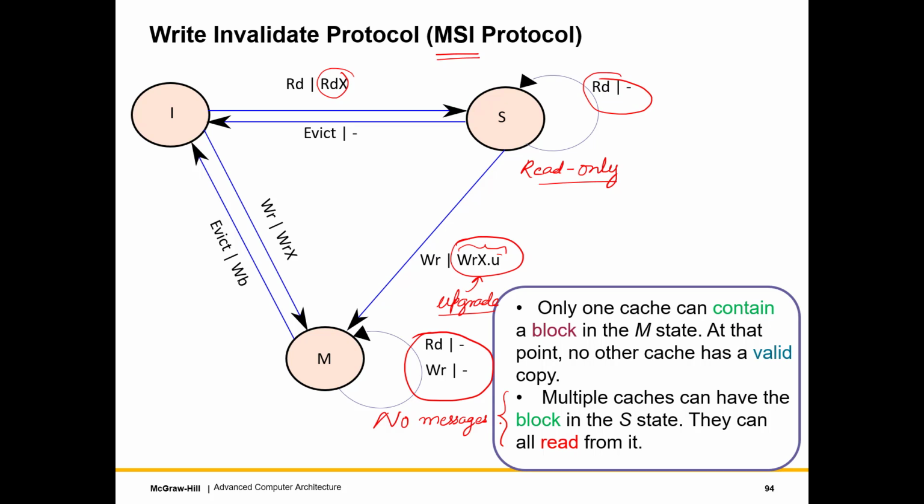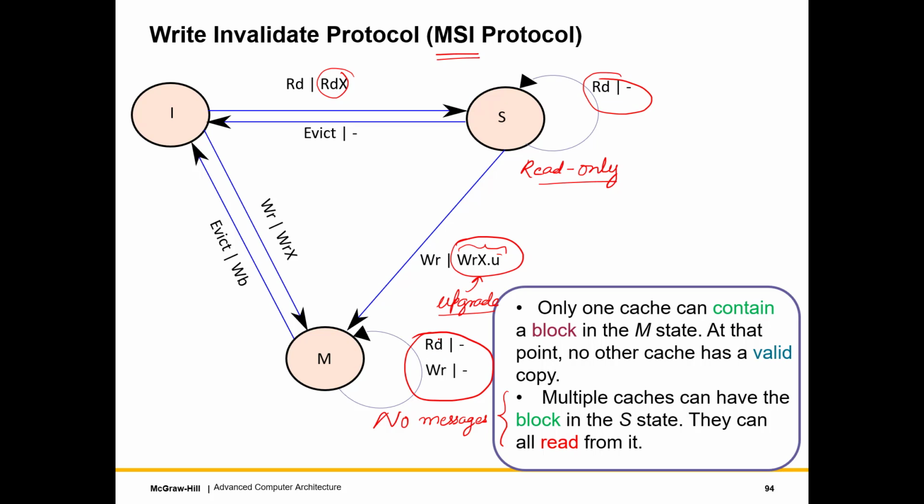And on broadcasting, the point that I made before was that first power goes in the broadcast, and second power goes in all the caches actually checking whether the broadcasted address is there in their caches or not. But in the invalidate protocol, the nice thing is that since only one cache has the block in the M state, you are sure that no other cache has a copy.